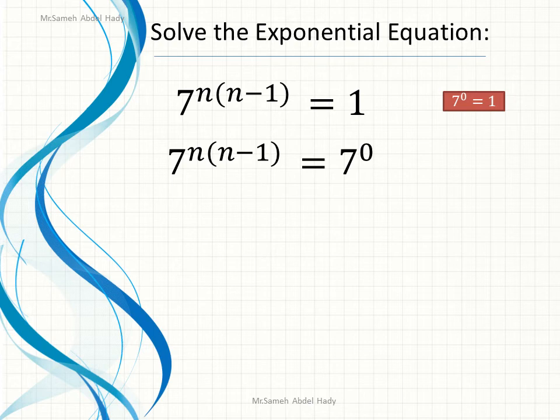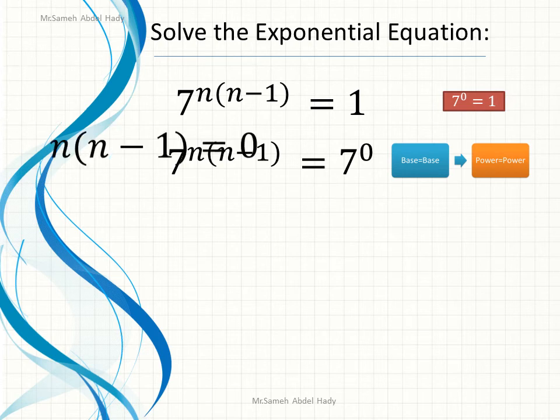Or in the second case, I can write the 1 as 1 with power n times n minus 1, because we know 1 in any power equals 1. Alright. In these cases, I have base equal base, so power equals power.